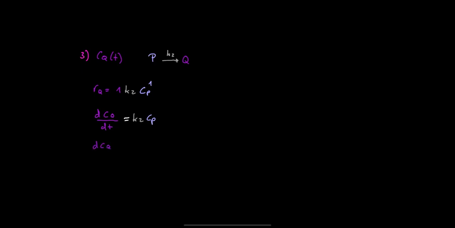So the change of the concentration of the species Q with respect to time is going to be K2 times Cp, which we have determined in the previous task, which is K1 divided by K2 minus K1 times Ca0 times parenthesis e elevated negative K1 times t minus e elevated negative K2 times t.